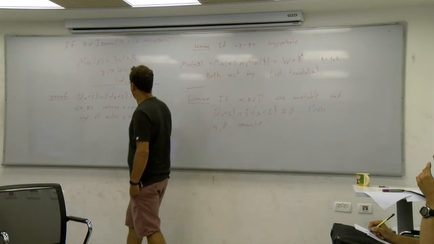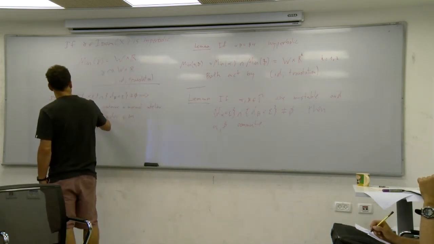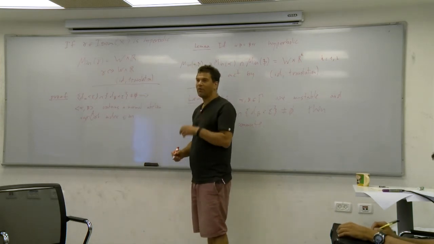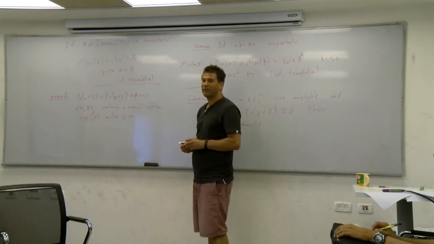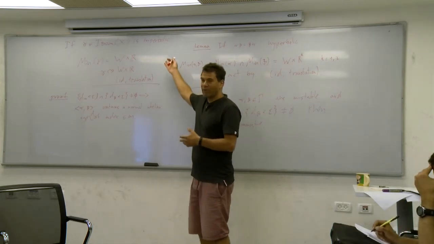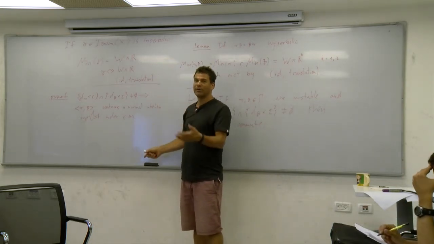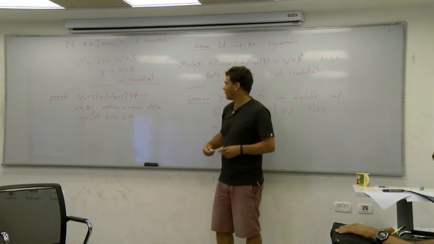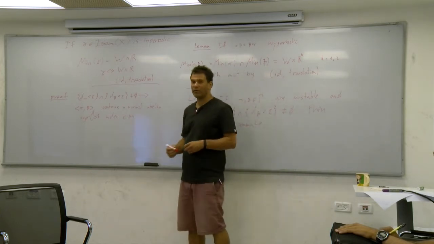Let's call it A. Margulis lemma says normal nilpotent, but by what we said, nilpotent means abelian, because we deal only with hyperbolic elements. There are no parabolics, so it has a normal abelian subgroup.